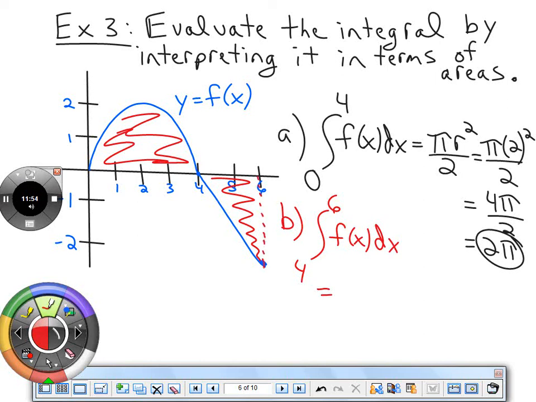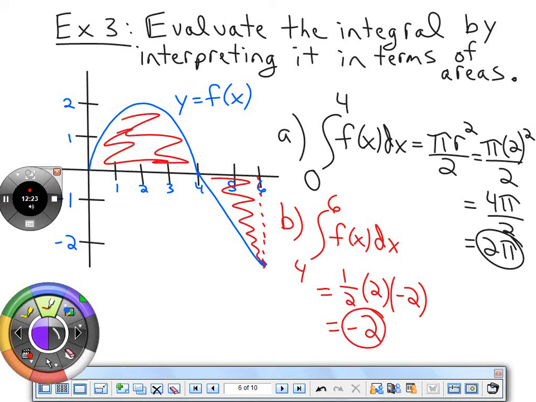So this right here, we would say 1/2 base times height. So we'd say 1/2. The base looks like 2 units. And then the height is actually a negative value. So it's -2. The y value is -2. And so our final answer for that one would be equal to -2.